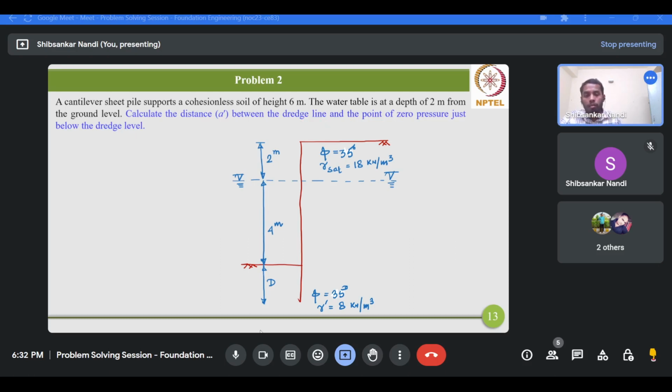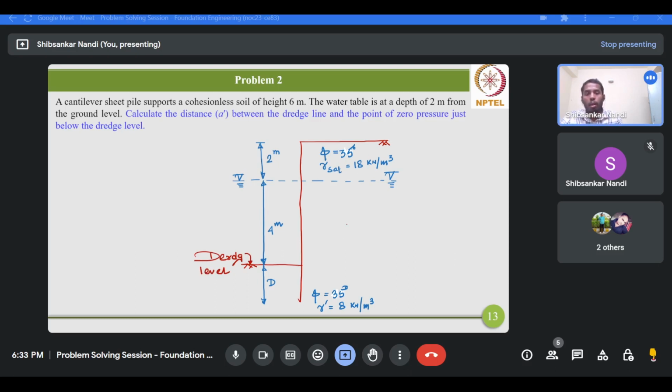Now, you know what the dredge level is? This is called the dredge level, and this is the ground surface.